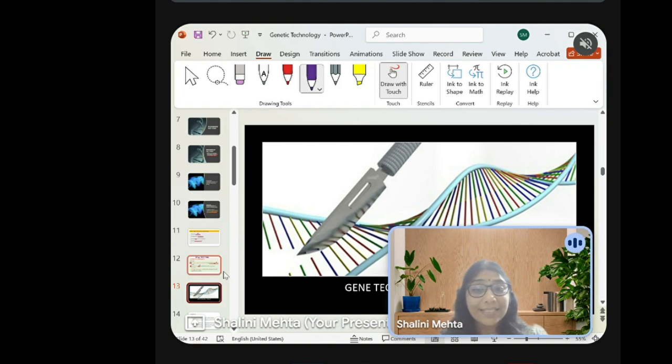Now, as I said, the first way I can obtain a gene is by using certain enzymes that can make a cut in the DNA. These enzymes work like molecular scissors, remember.